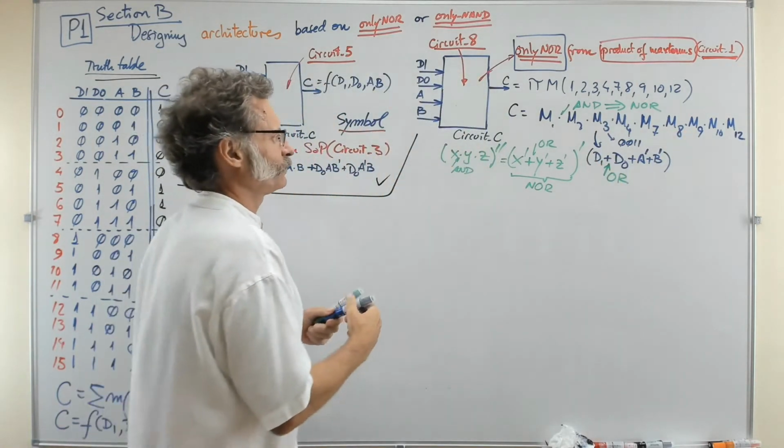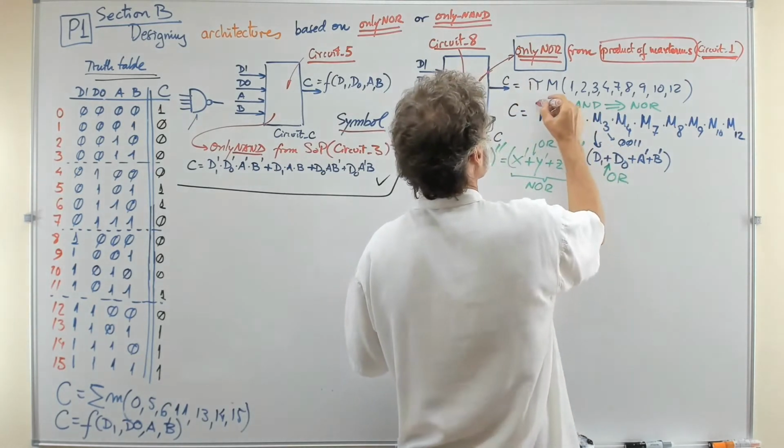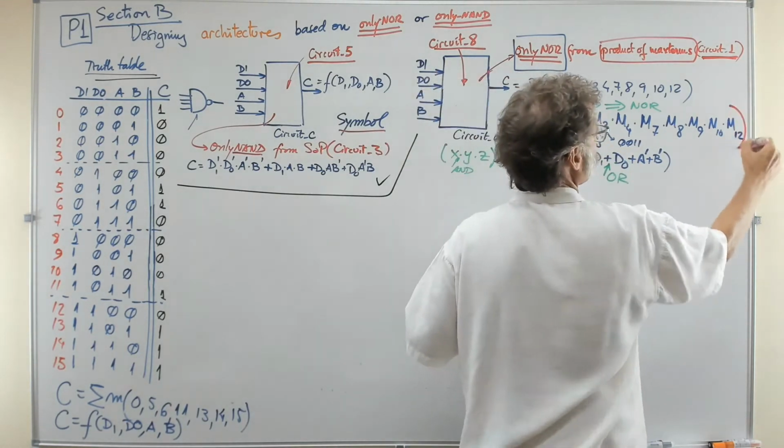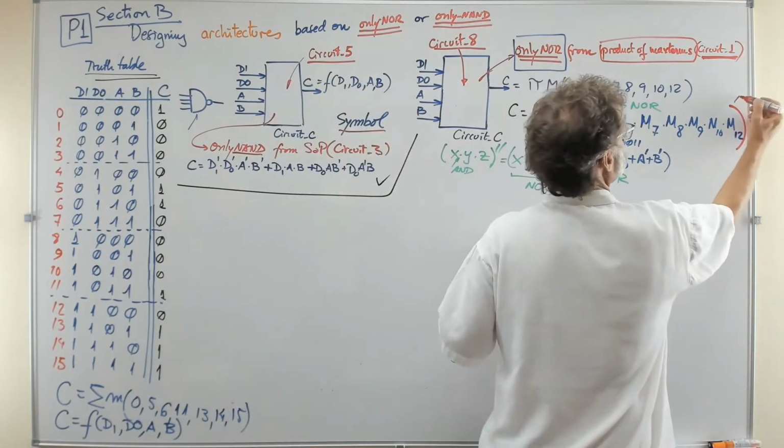And that is almost immediate because you only have to take the full expression. You see, let's take the full expression as here in this example and invert 2 times.